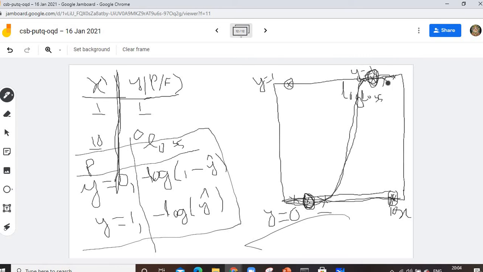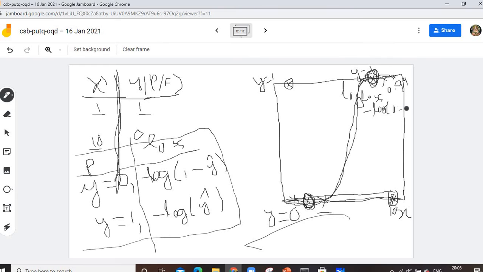If y is 1, my predicted value will definitely be close to 1. For example, it will be 0.999, something like this. So if y is equal to 1, in this case it will be minus log of 0.99, approximately minus log of 1.